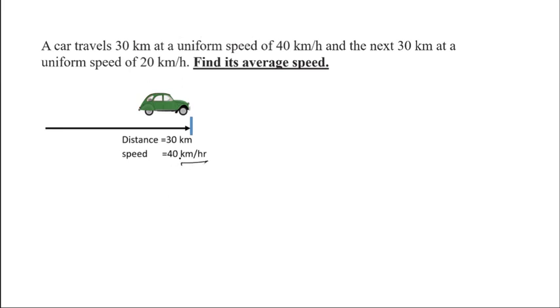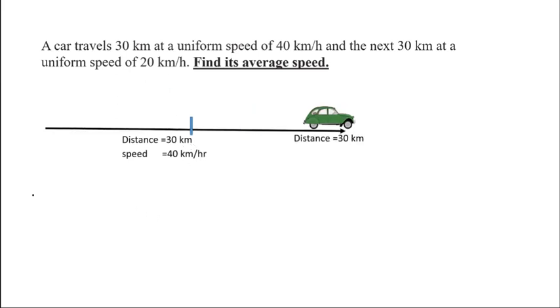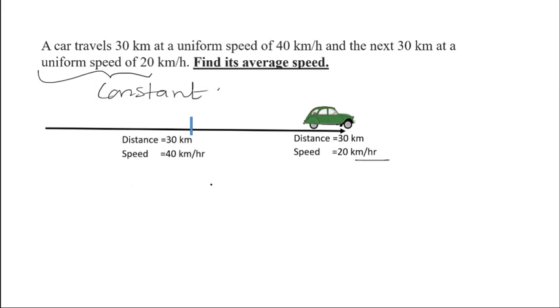It is in kilometer per hour and distance is in kilometer. And next 30 km, again distance remains same, the speed changes. From here to here, the speed remains 20 km per hour, but it is uniform speed, again constant speed. Right? Now, find the average speed.